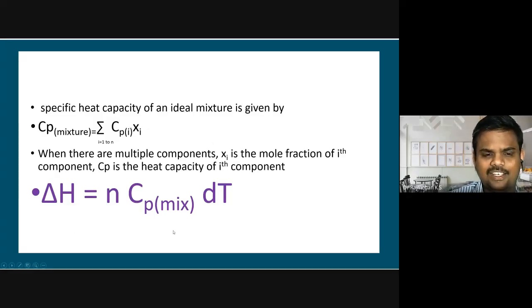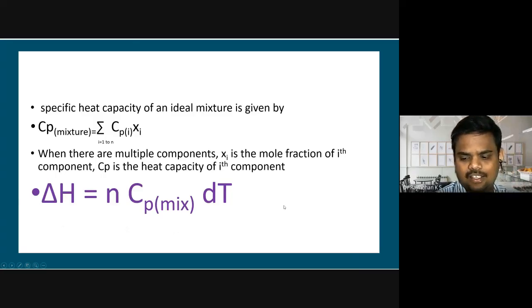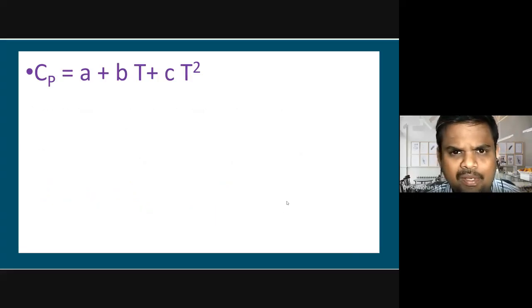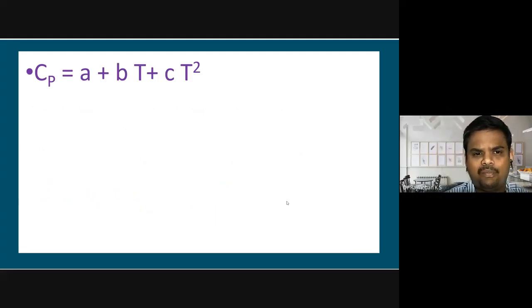Similarly, delta H is going to be either mCp delta T or nCp delta T, where Cp of the mixture is the summation of the product of Cp of the individual component multiplied by its fraction, mass fraction or mole fraction depending upon the value of Cp. So what if Cp is given as a function of temperature? For example, if Cp is given in the form A plus Bt plus Ct square, this A, B, C value may vary for different components.